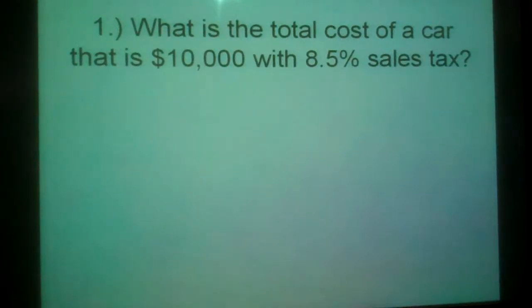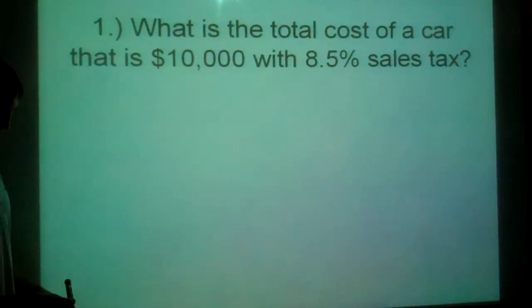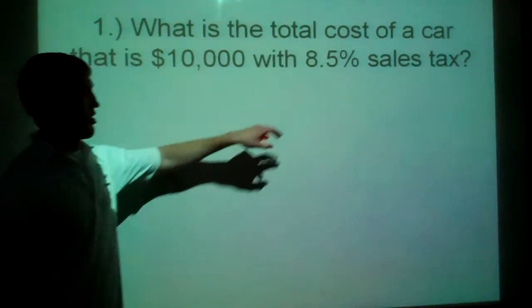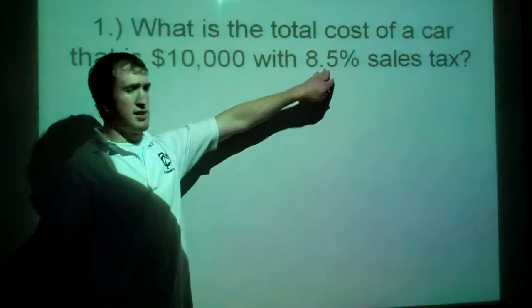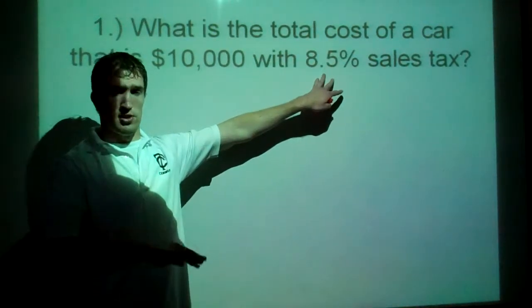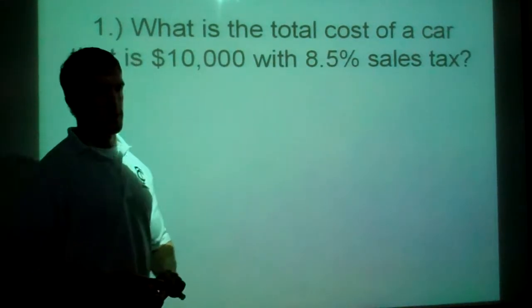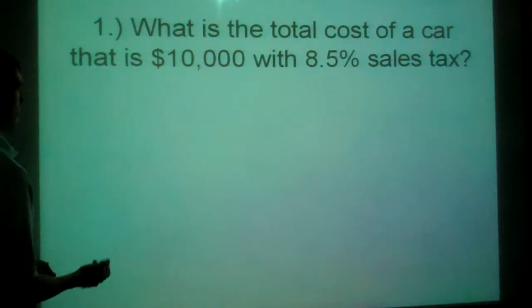Alright, first one. What is the total cost of a car that is $10,000 with 8.5% sales tax? Alright, the first thing that we want to do is change our 8.5% into a decimal. It is a percent, but remember we can change percents into decimal form as well.